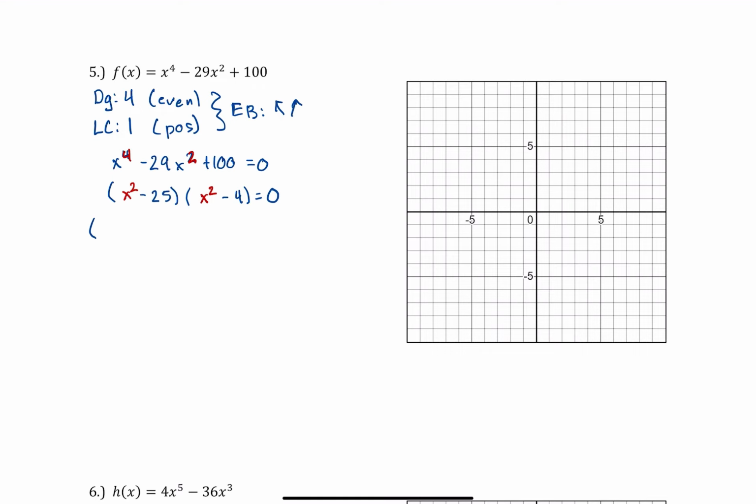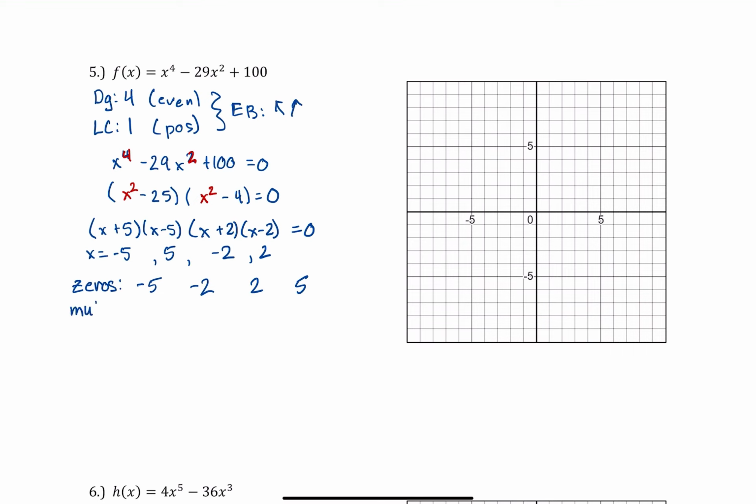These are differences of squares. So this could be factored further as x plus 5 and x minus 5. And this is an x plus 2 and an x minus 2. So this is the fully factored form, from which we can find the zeros of x equal to minus 5, positive 5, minus 2, and positive 2. So returning to what we were working with in the earlier examples, the zeros, I'm going to put them in order this time, are minus 5, minus 2, 2, and 5.